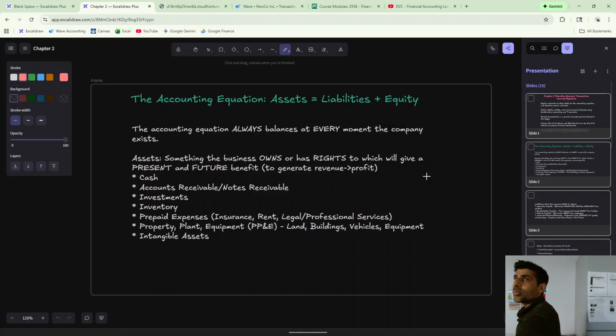Utilities, when you pay your utilities expenses, that's for energy you've already used. Rent, you're paying that after you've used the thing, after you've lived in the place. So all this stuff, you're not getting a future benefit. That's really the thing to remember. An asset is something that you're going to get a benefit from in the future.